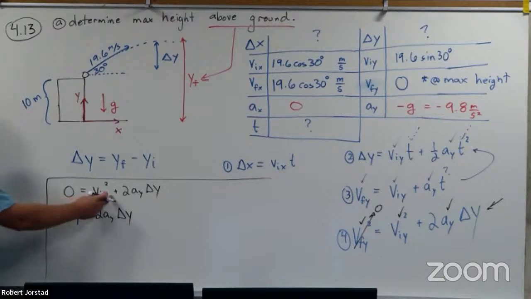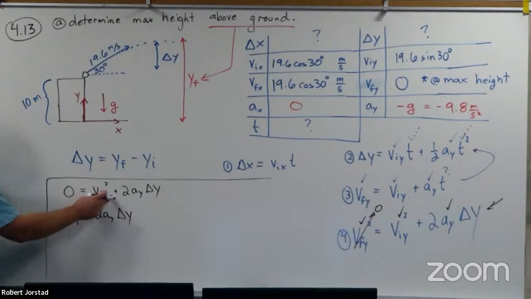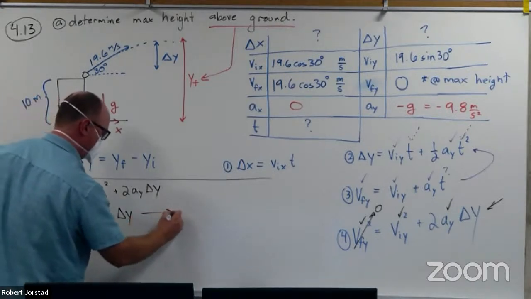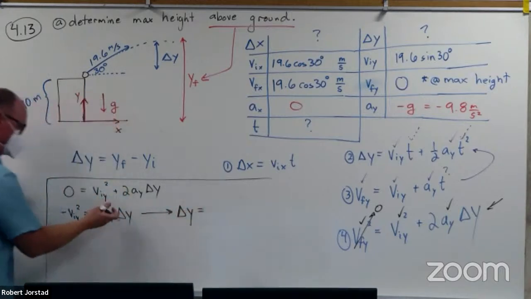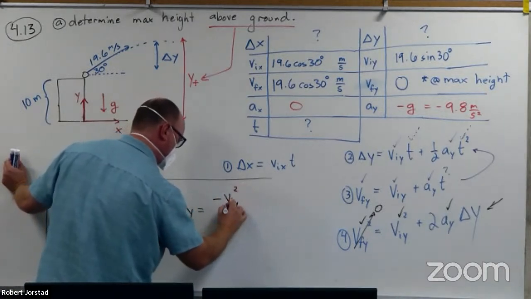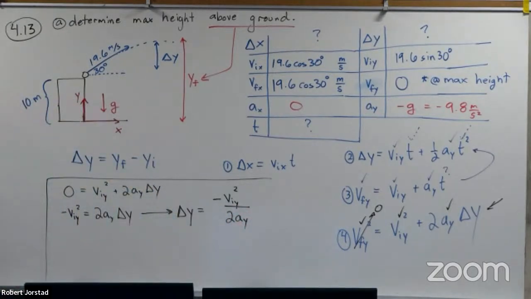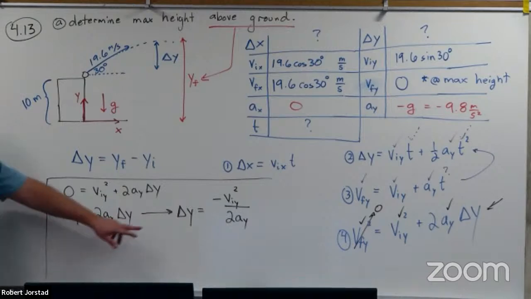It would be like positive 9 or positive 25 over here, some number. I think it's actually going to be about positive 100, not quite, but close to that. And then when you bring it over, it should be negative 100. So it's the negative outside of the square. Flipping this around, doing some algebra, delta Y should equal negative V initial Y quantity squared divided by 2 a sub Y. You can take a second to figure that out and make sure you feel good on it. Wait a minute, are we going to get a negative number for delta Y?